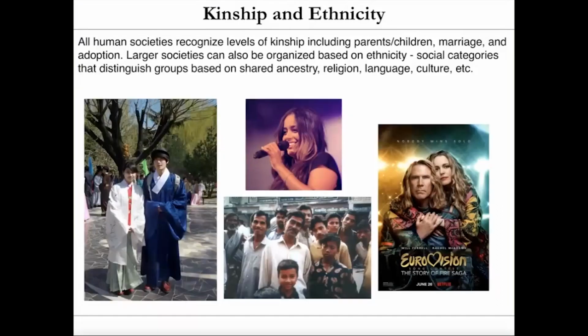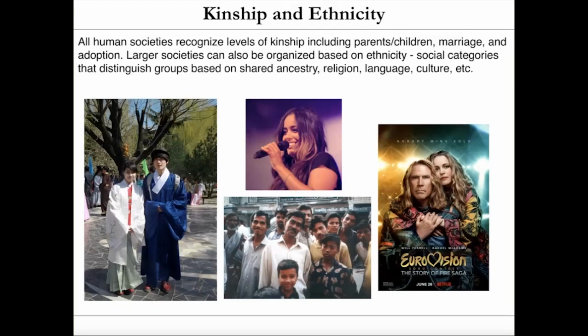So kinship and ethnicity is also a really important part of maintaining different societies' identities. All human societies recognize different levels of kinship. This includes parents and children, marriage, which would be considered kinship, and even adoption. Basically, every society has allowances for adoption, and you're considered kin. A lot of larger societies are organized or based on ethnicity.